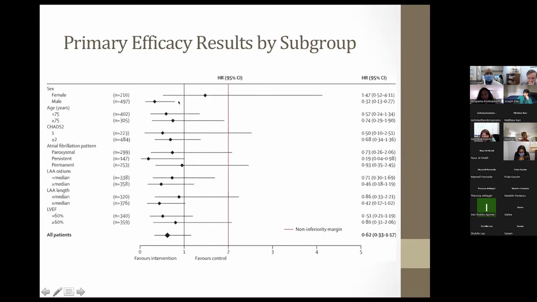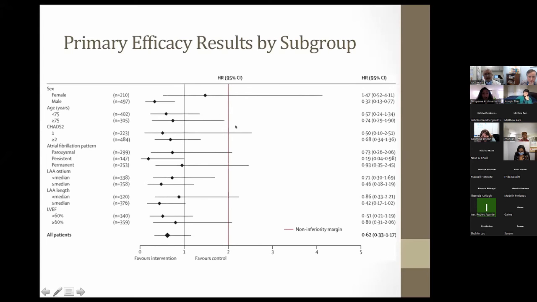But then for males, the intervention seems to be both superior and non-inferior. So that's a big discrepancy between males and females. These confidence intervals crossing both line 1 and line 2 basically mean that it's inconclusive.